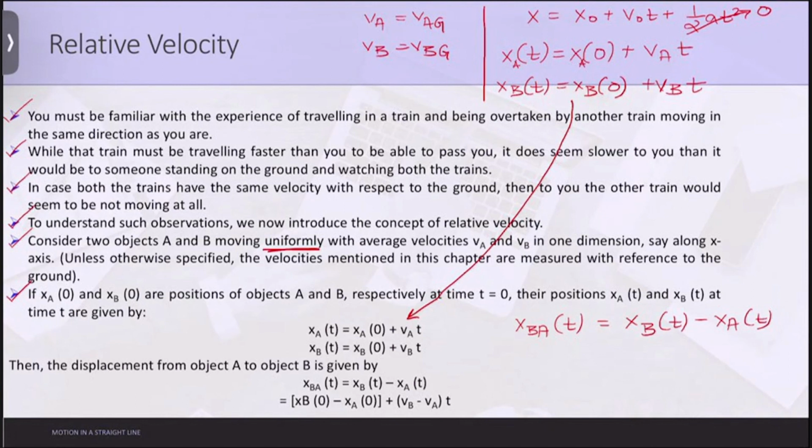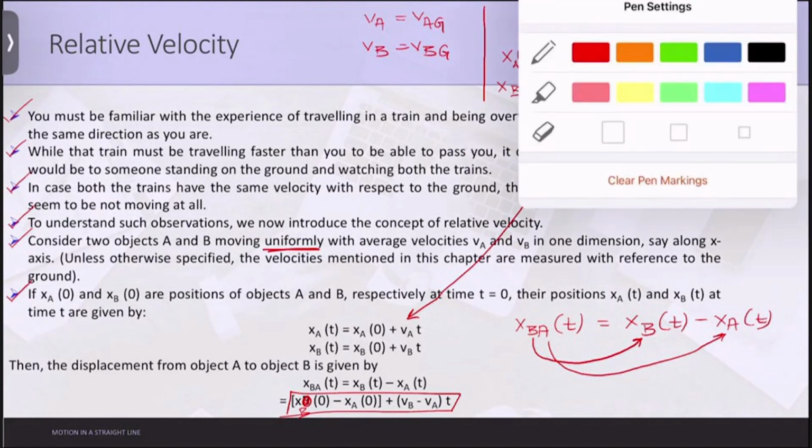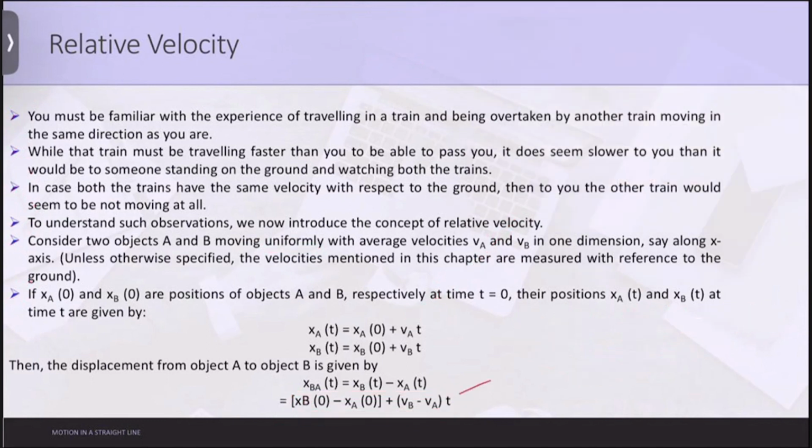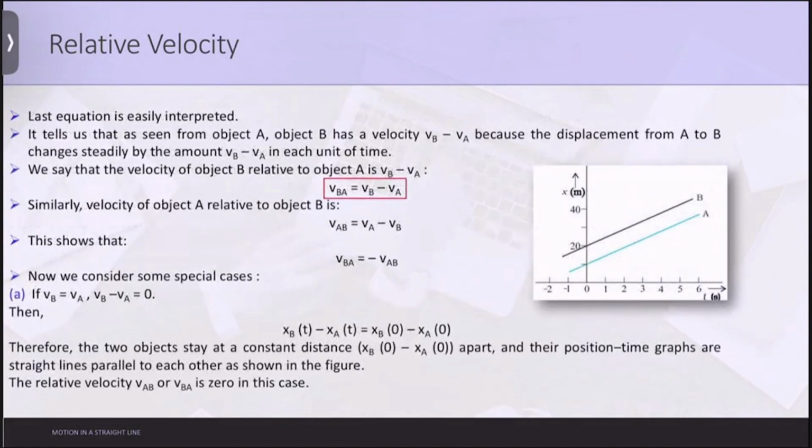Put both values here. What you will get is XB of 0 minus XA of 0, plus VB minus VA times t.